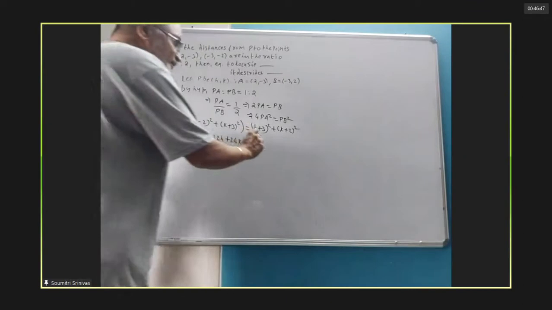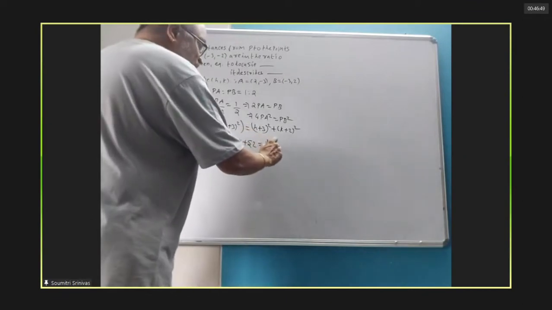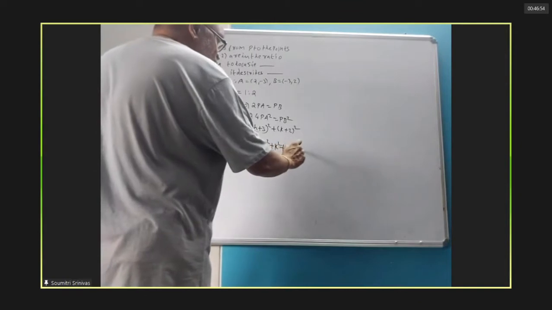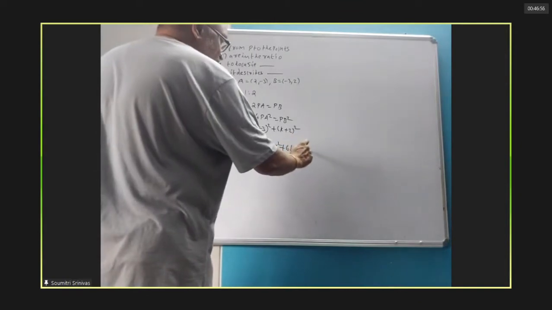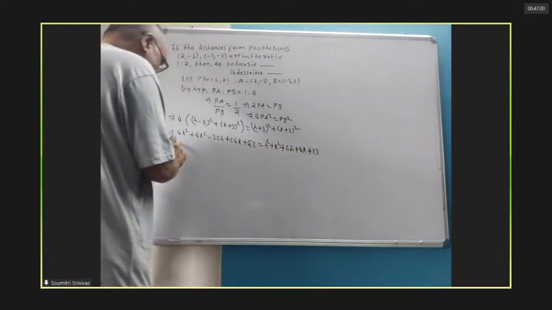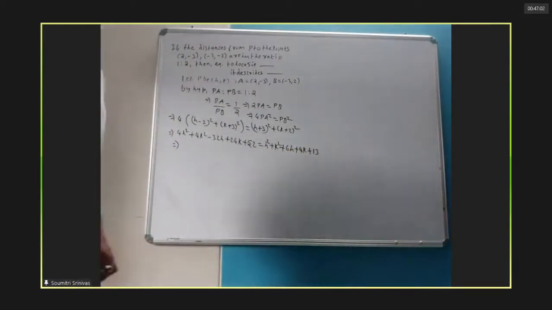Right hand side: h square, k square plus 6h plus 4k plus 13. Agreed?